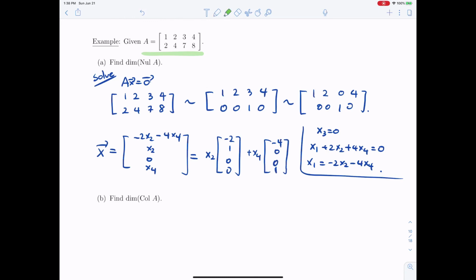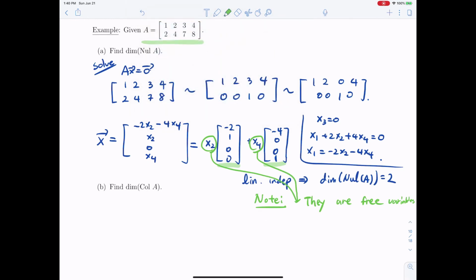And we know that the spanning set of the null space of A is automatically linearly independent. So we can tell that the dimension of the null space of A equals 2. And here you want to note that x2 and x4 were the free variables for the solution set of the given homogeneous matrix equation.